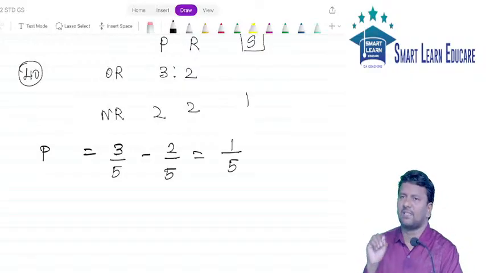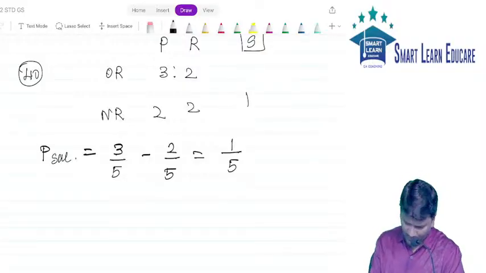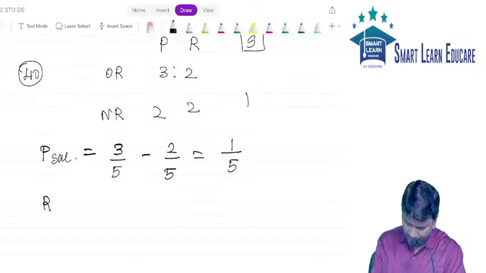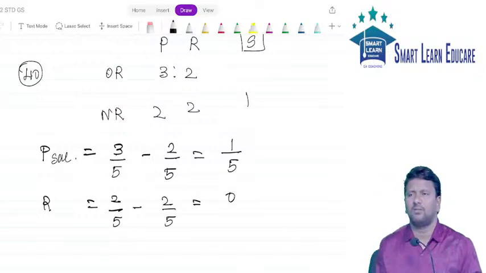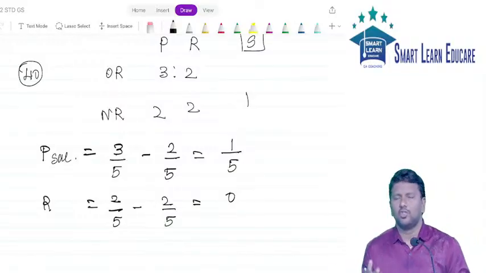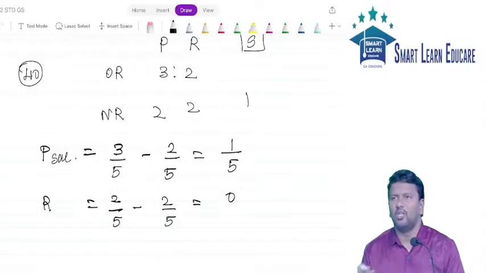The answer is in plus, so this partner is sacrificing. Similarly for partner R, it is 2/5 minus 2/5, which is 0, meaning R is not sacrificing and also R is not gaining.